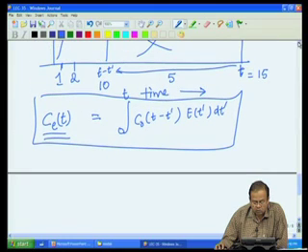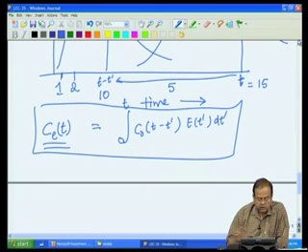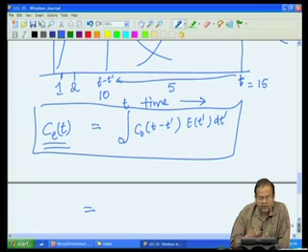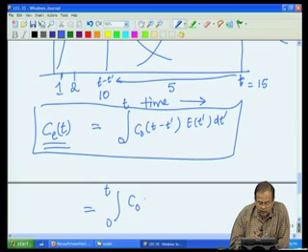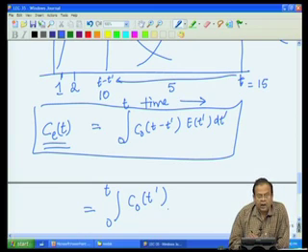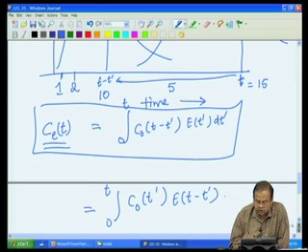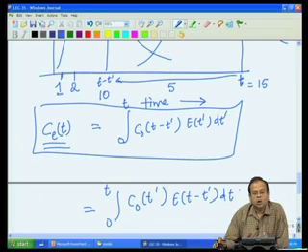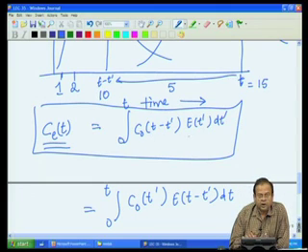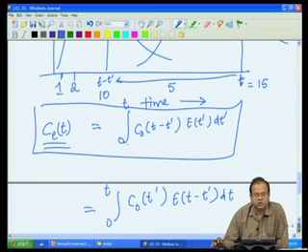Why is it called a convolution integral? Because I can as well write this the other way: all contributions of what I have put in at t prime and which has a residence time of t minus t prime is what comes out of the reactor. So, t minus t prime and t prime can be interchanged.